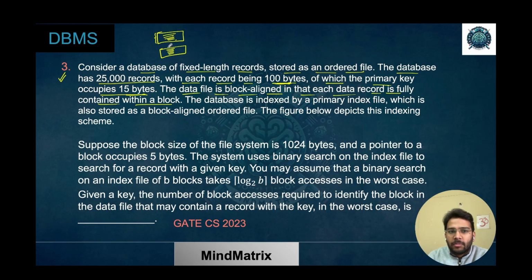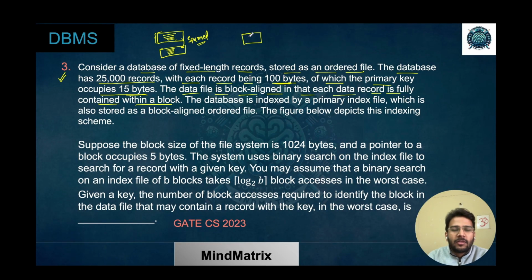It's not like that, because this strategy is known as spanned file organization. Spanned means the record is spanning further into the next block. But here it is saying, carefully read, the data file is block aligned in such a way that each data record is fully contained within a block.